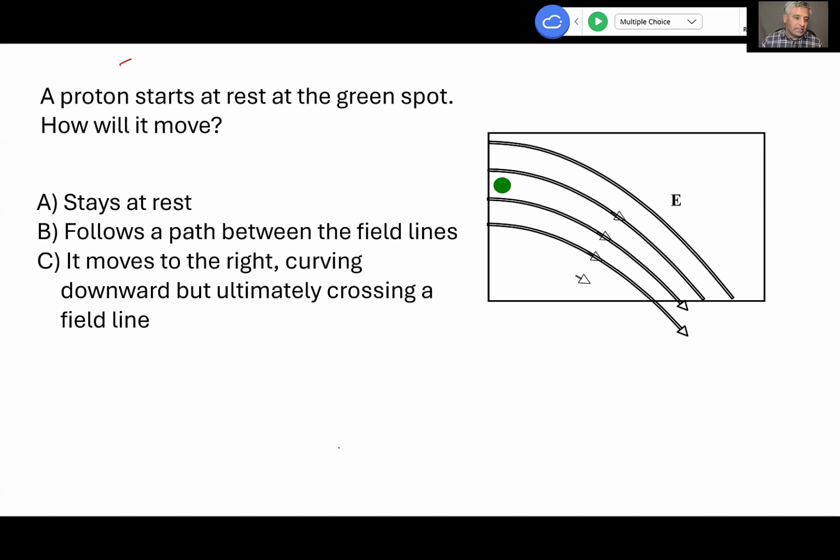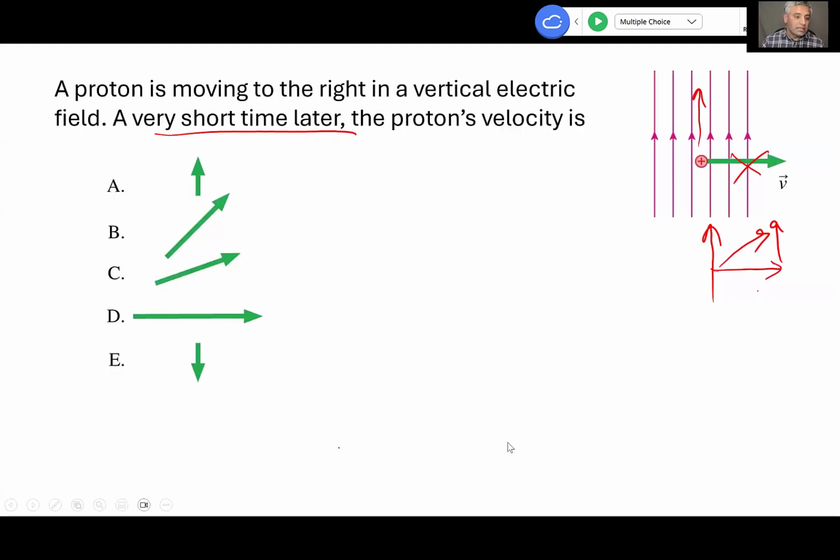Oh, I'm just noticing there was a question in the Zoom chat. It will be A after it comes to rest. It may be A even before it comes to rest.